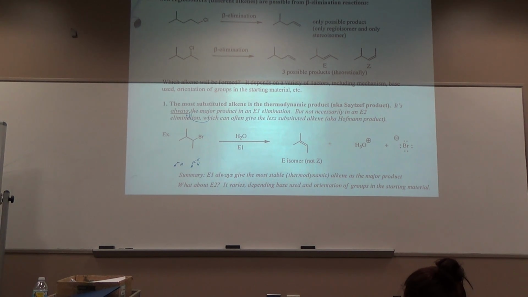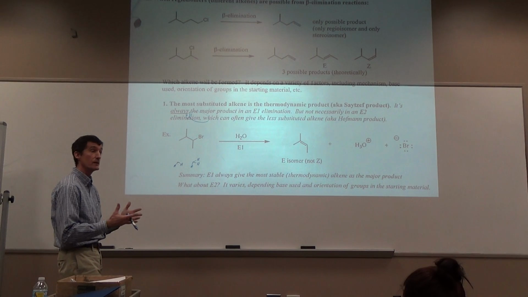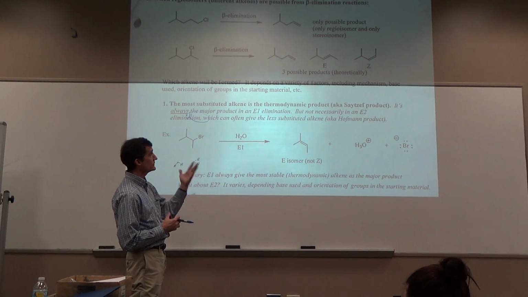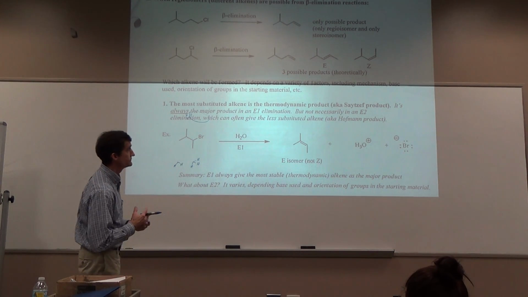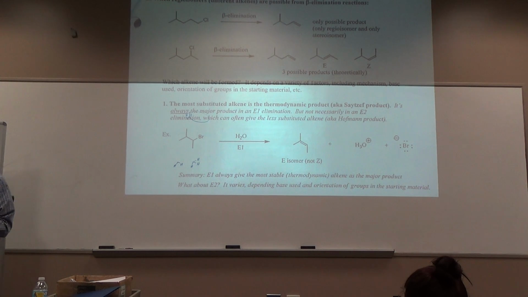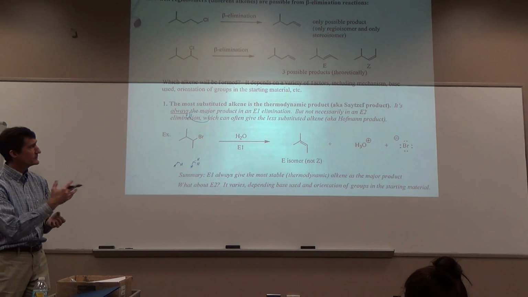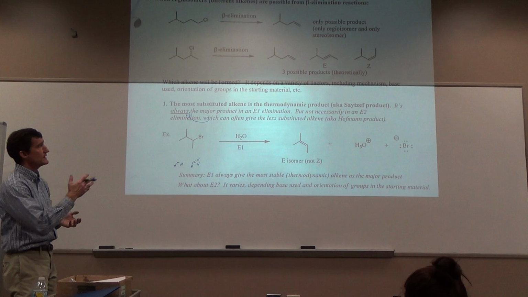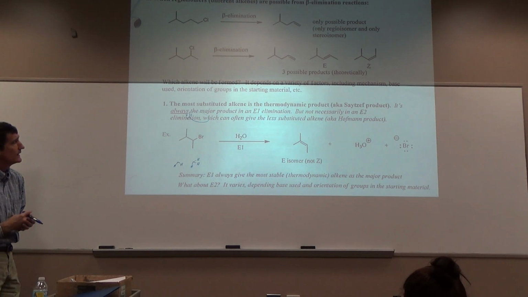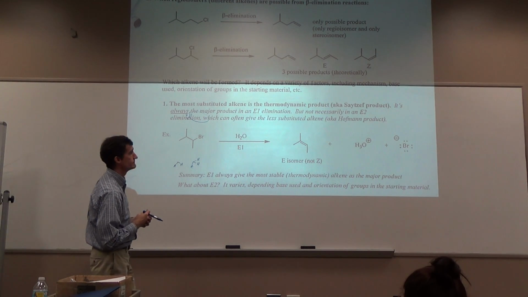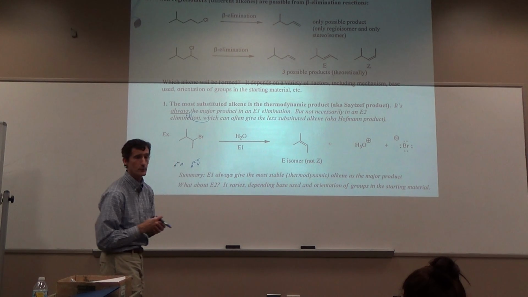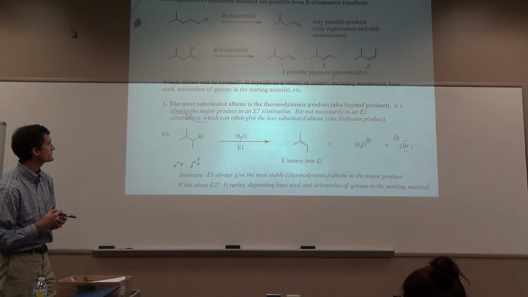When you're doing eliminations and you say, here are my alkene products, the most substituted is also called the Zaitsev product. Now, Zaitsev is spelled a million and one ways. Sometimes it's spelled with a Z, I spelled it with an S there, etc. There are about three or four different spellings.